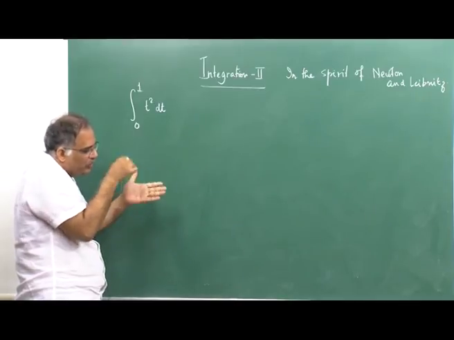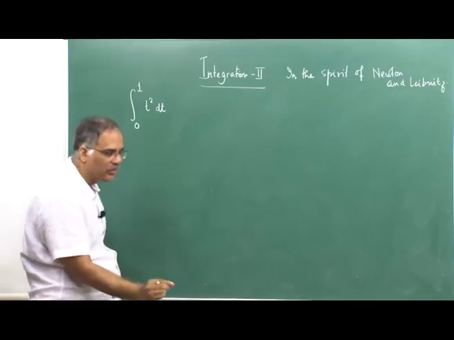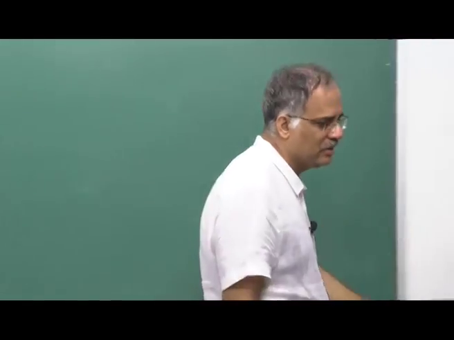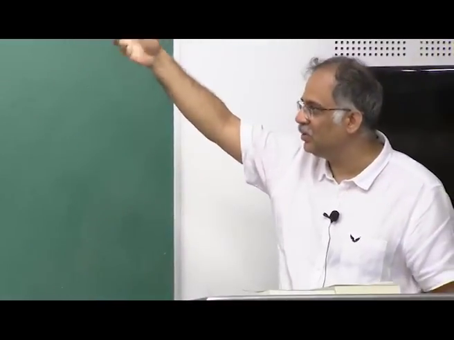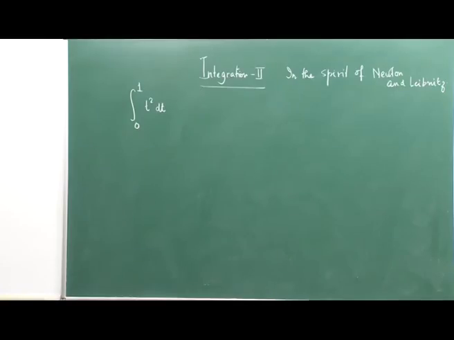So, in that very small base the functional value does not change. That is the height of the rectangle that you construct with the base dt. So, that is essentially the meaning, it is a sum in that sense. So, don't put too much thinking about what is dt and all those sort of things. Now, I want to evaluate this.